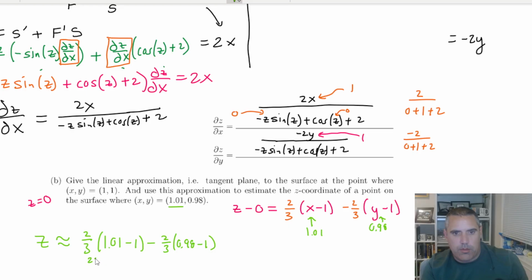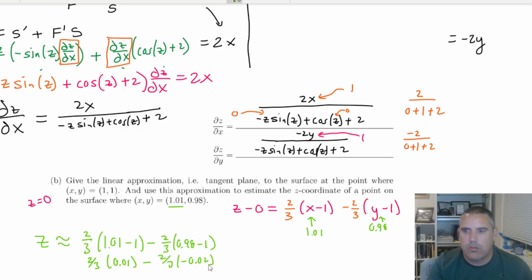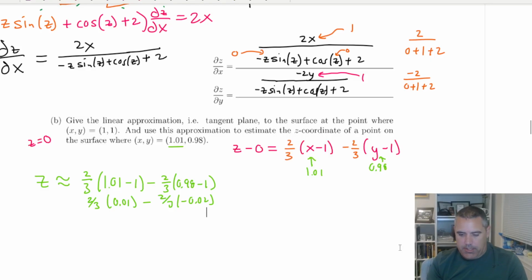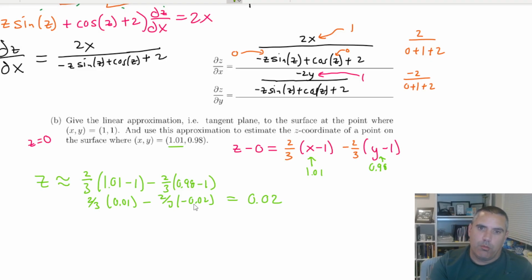So we're doing 2/3 times 0.01 minus 2/3 times -0.02. So let's see what that gives me all together. I think altogether that's 0.03 times 2/3. So I'm getting that all together, this is 0.02. So z is about 0.02.